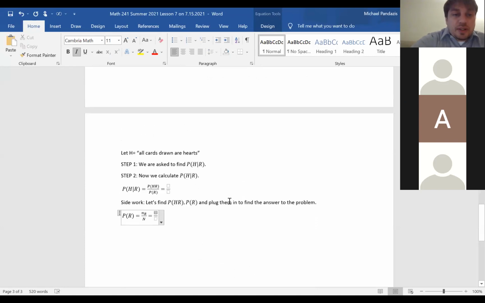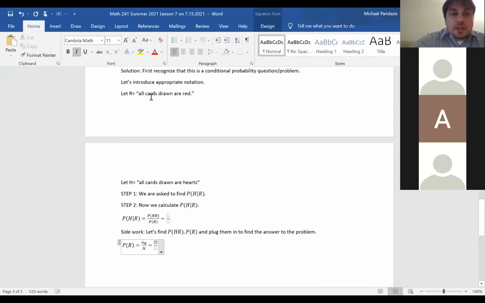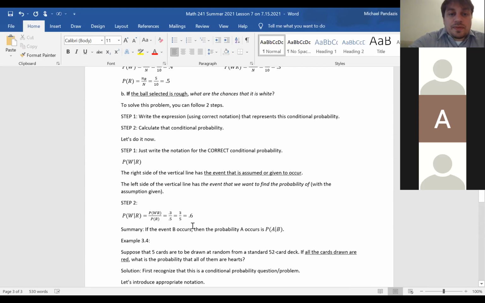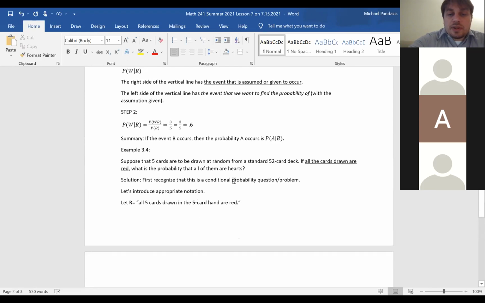That's what I defined R to be: all 5 cards drawn in the 5 card hand are red. And H is all 5 cards drawn in the 5 card hand are hearts. 5 cards are drawn at random.